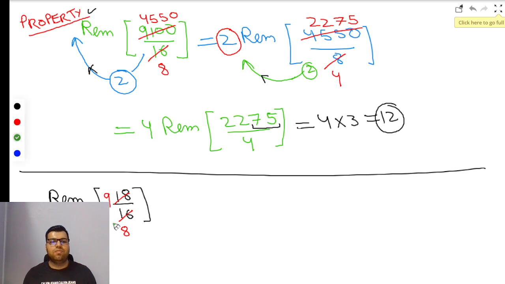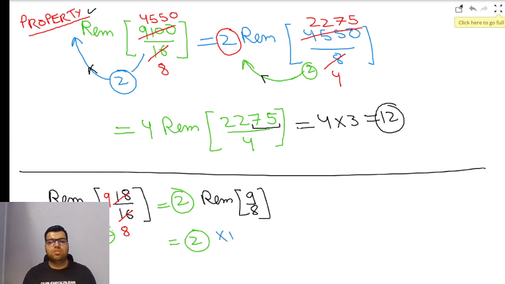The factor of 2 we factored out should go outside. So it becomes 2 times REM 9 by 8. We know REM 9 by 8 is 1, so this becomes 2 times 1, which is actually 2 only. So the answer is 2, which we already knew.